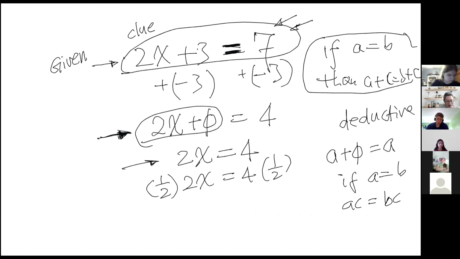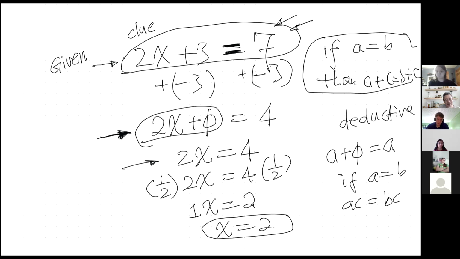Now, one half times 2 is 1, and 1 times x is 1x. The right-hand side is just numbers, so it's simple. The 1x is just x. So x is 2. That's how we found it.